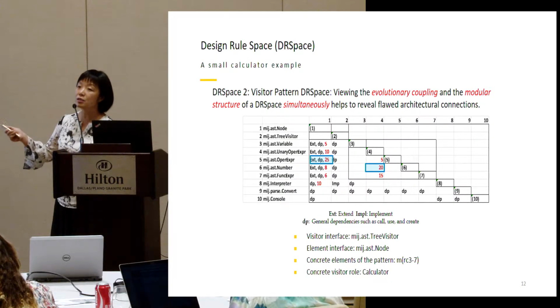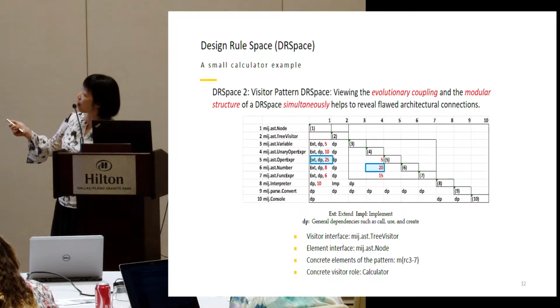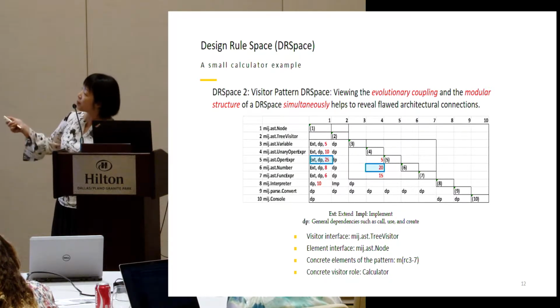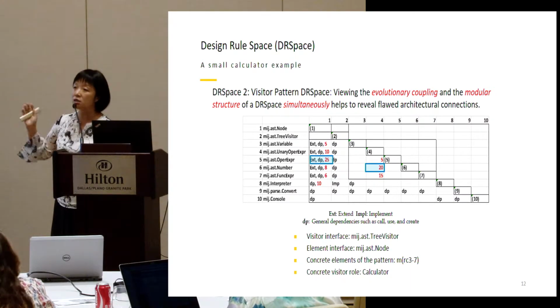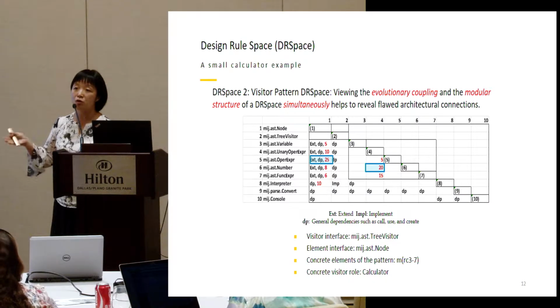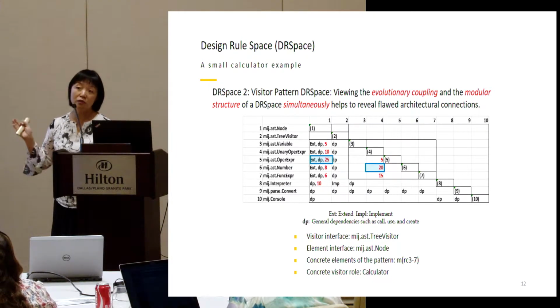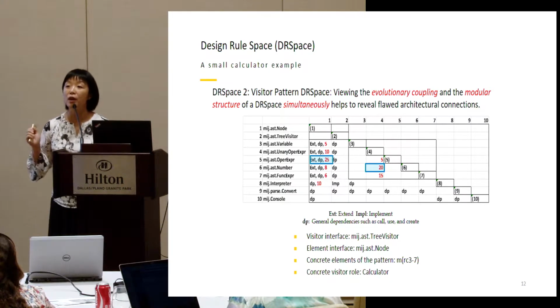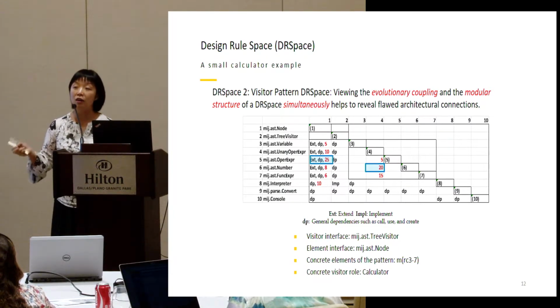Okay, and this is okay because number 5 depends on number 1, and if number 1 changes, number 5 changes, 25 times. But there is another number I highlighted, 20, which means file 6 and file 4 change together 20 times, but they don't have any structural dependency. So we call this phenomenon, which I will introduce later, modularity violation, so that you can see where the structure is deviating from their evolution history.